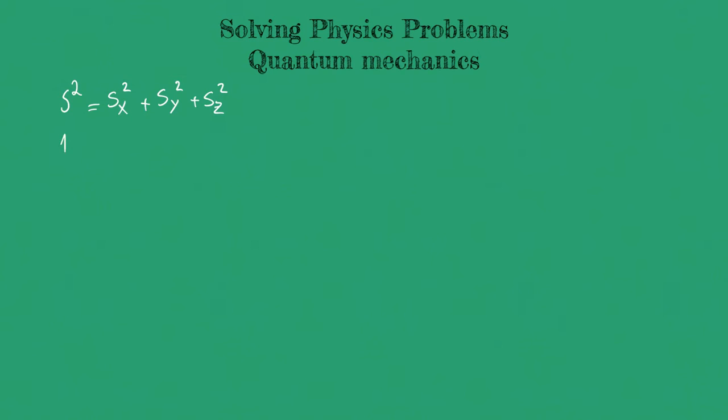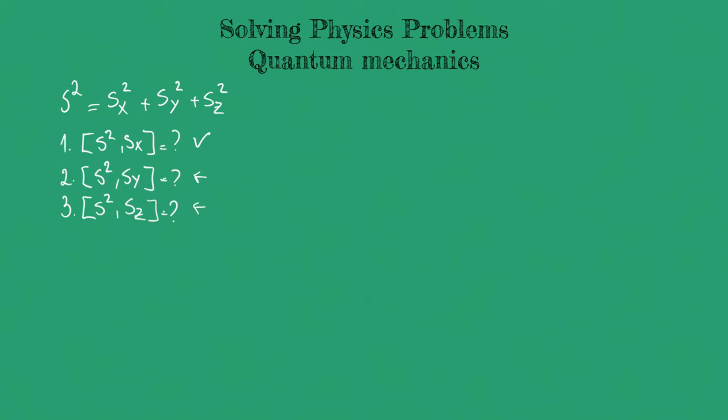Then we have to calculate these commutators and see if the answer is yes or no. I'll calculate the first commutator through matrix notation for a spin half system, and a second time using only the component commutation relations. The second and third commutators will be left as practice exercise.